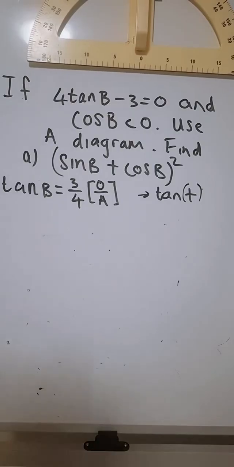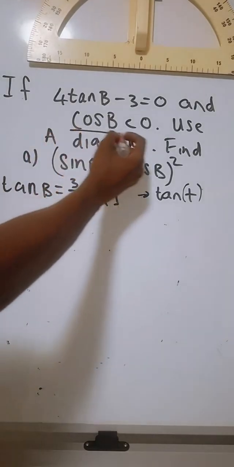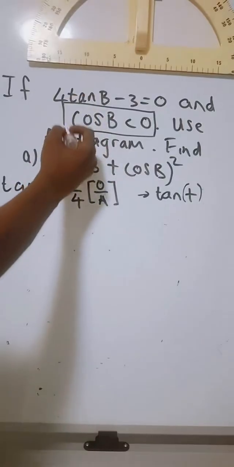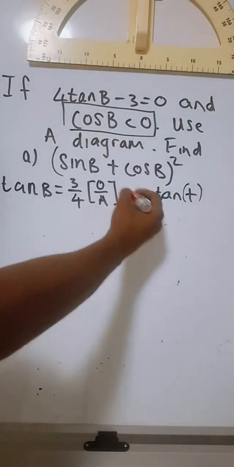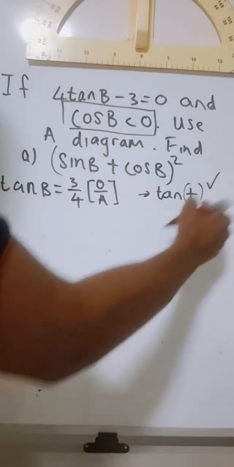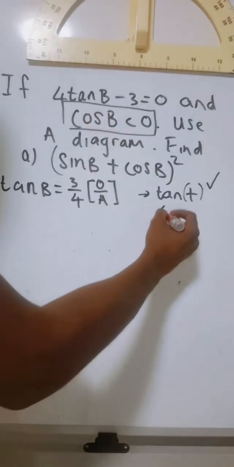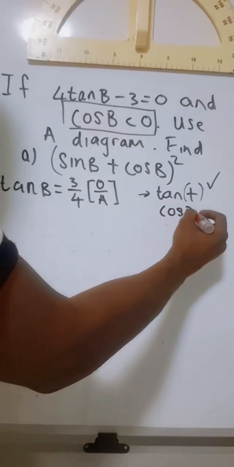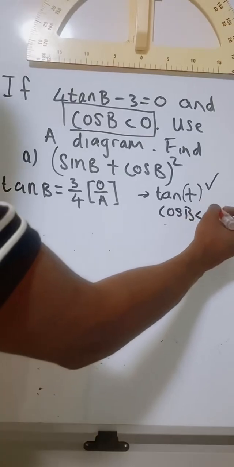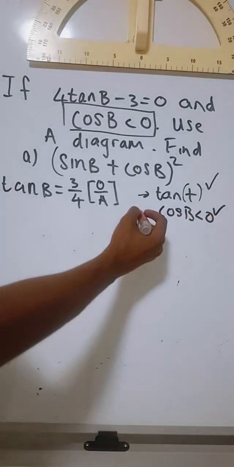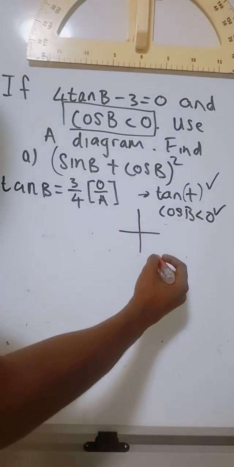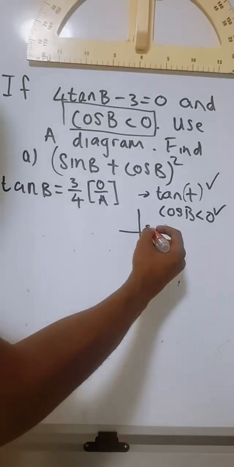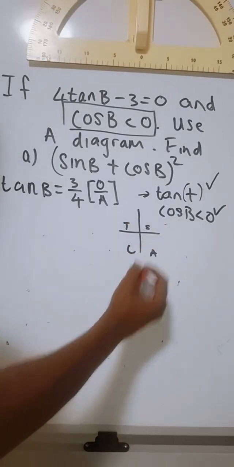Two. We come here to get the second piece of information for our ticks. So our ticks will come from this, and our ticks will come from that, because this is the restriction. So let's go there to our quadrant. Remember the ASTC.